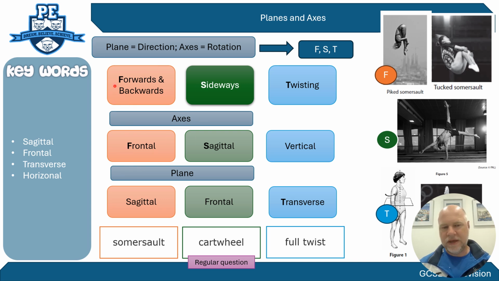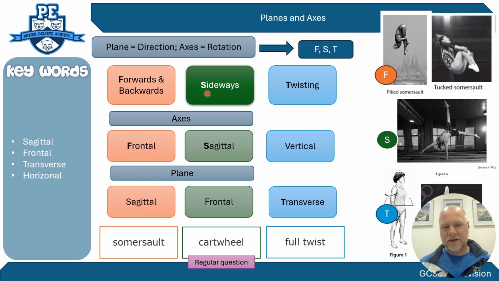And if you remember the F for forward movement and think, right, which axis is it happening? So we've got our frontal axes and the plane, the direction of movement. So frontal and sagittal always go together, no matter what way around it is. They change throughout the orders, but if it's a frontal axis, the point of rotation is at the hips, so up there on our performer, they are moving in a sagittal plane, which means they're going forwards and backwards.